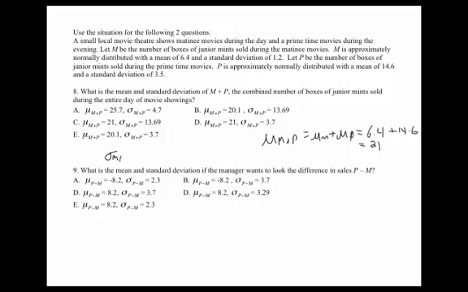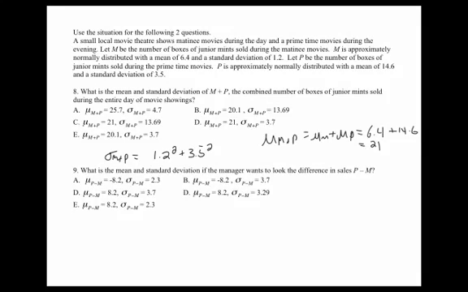And then the standard deviation for M plus P, well, we can't add standard deviations. So we are going to take the old standard deviation for M plus the old standard deviation for P and square them.